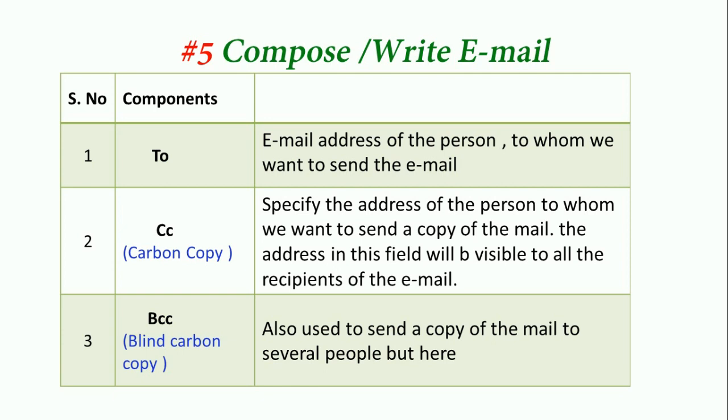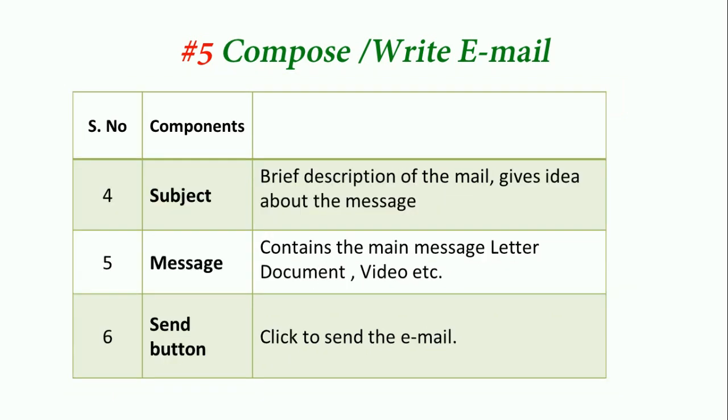Blind carbon copy is also used to send a copy of the email to several persons, but here there is a difference. What is the difference? With blind carbon copy, the BCC people will not see who all are receiving the mail. Now next is subject.